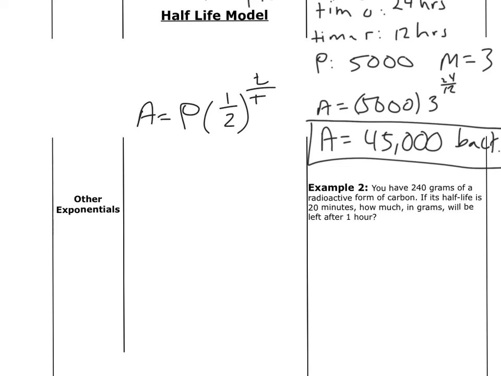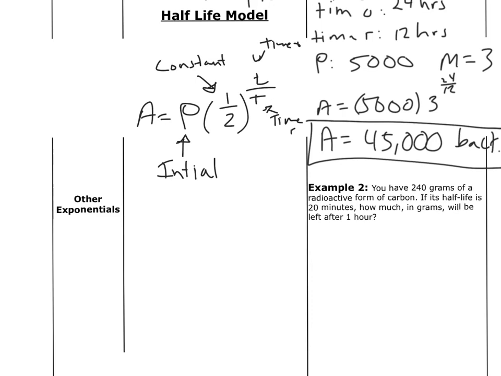It is the time observed, so it's still time, but that's time O. And this right here is time R, the time required for growth. This right here is the initial amount, P, and this 1/2, of course, is the constant. It's a 1/2 that's going to stay because these things decay by half over a certain amount of time.